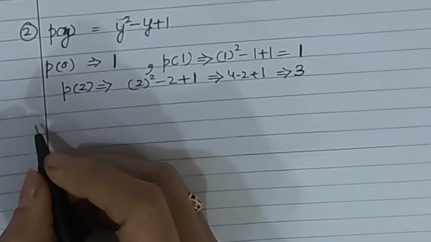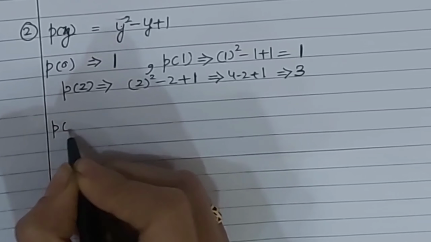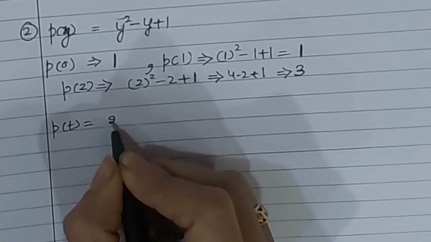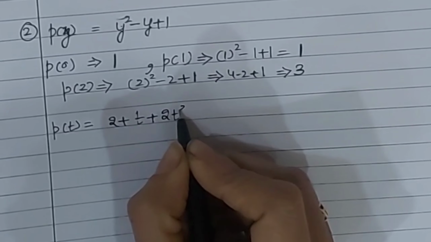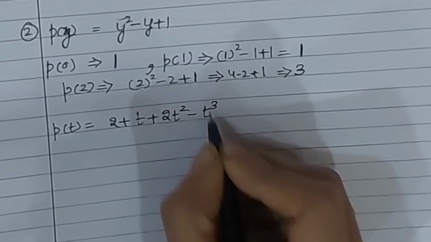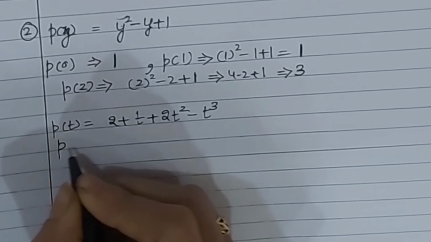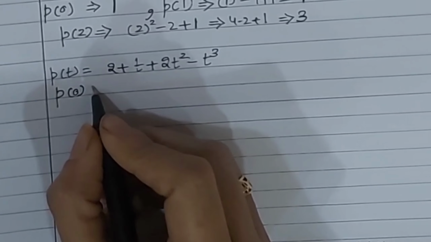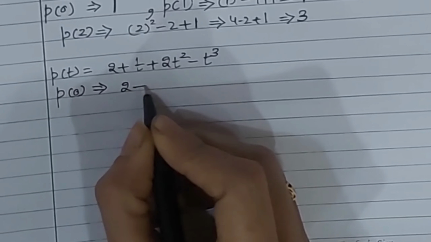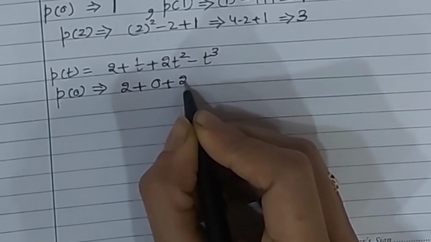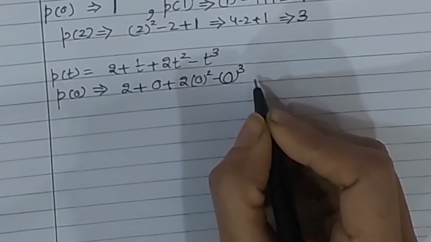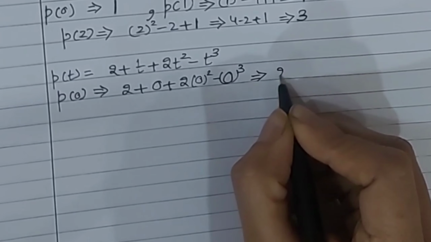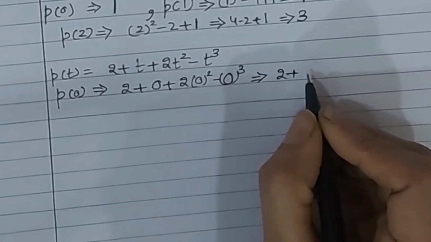Okay. Similarly, in the next part we have pt is equal to 2 plus t plus 2t square minus t cube. Now when we put the first one, 0, what we'll get? 2 plus 0 plus 2 times 0 square minus 0 cube, which will be 2 plus 0, 0, 0, only 2 is the answer.